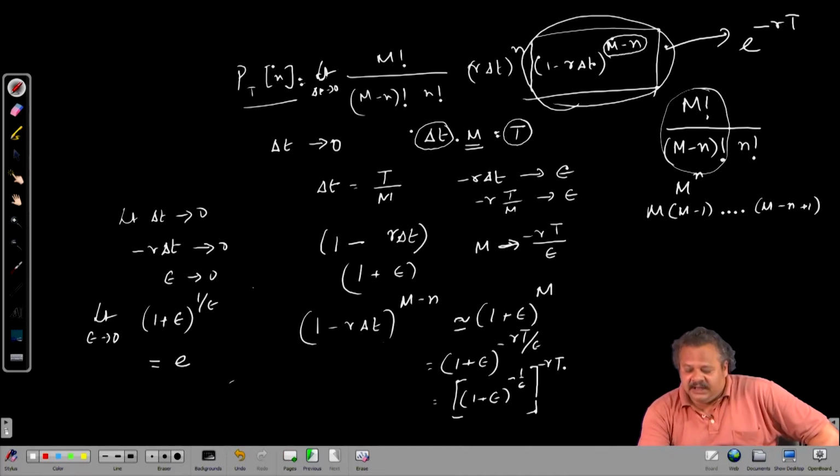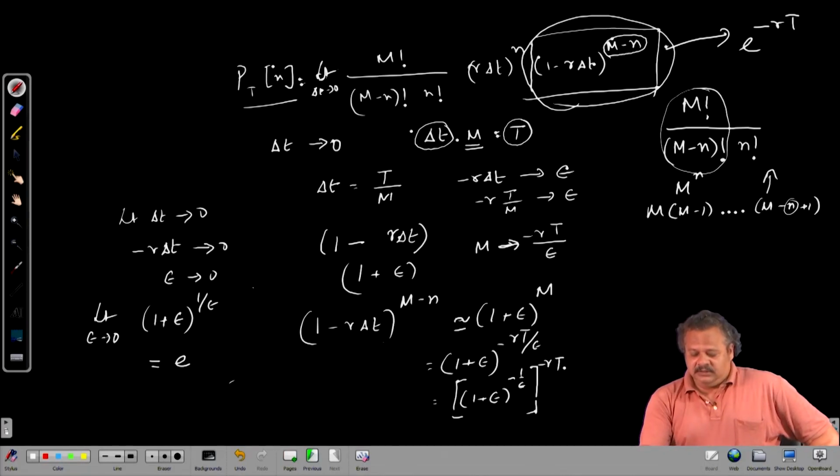So since n is fixed and small compared to capital M, and m is growing unbounded towards infinity, the ratio of these two factorials can be replaced by capital M to the power n.